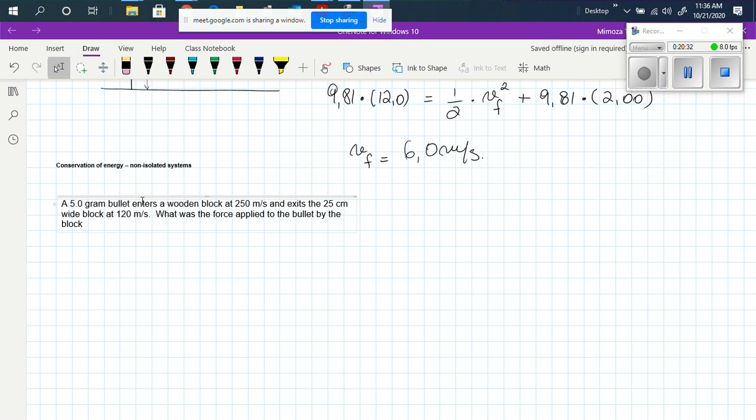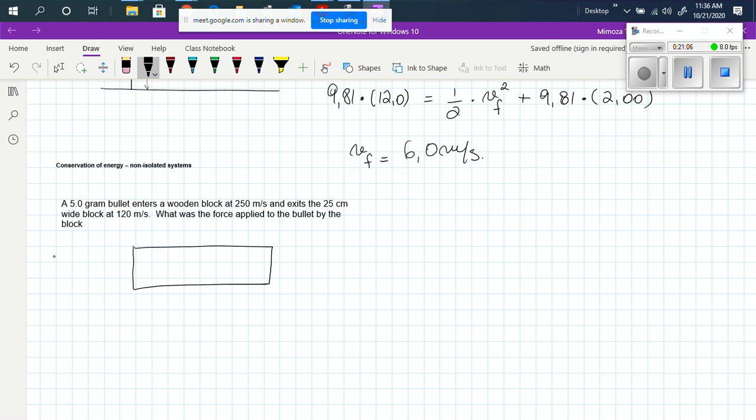So when we have a 5.0 kilogram bullet that enters a block at a speed of 250 meters per second and exits the 25 centimeters wide block at 120 meters per second, what is the force applied on the bullet by the block? So I will draw the situational diagram here. You have a block which we are assuming is stationary, so it stays there forever.